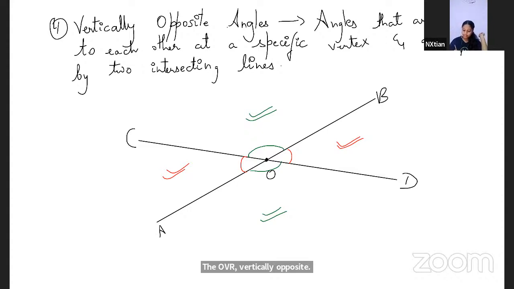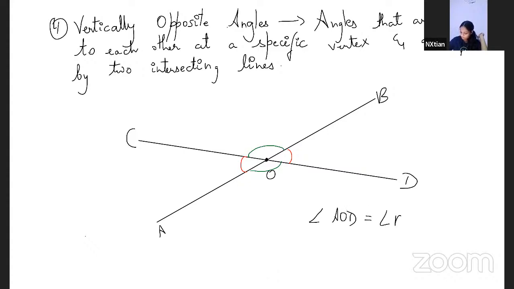Okay, now let's write them. Angle AOD. Suppose, for example, angle COD or BOC, this top angle, is 145 degrees.